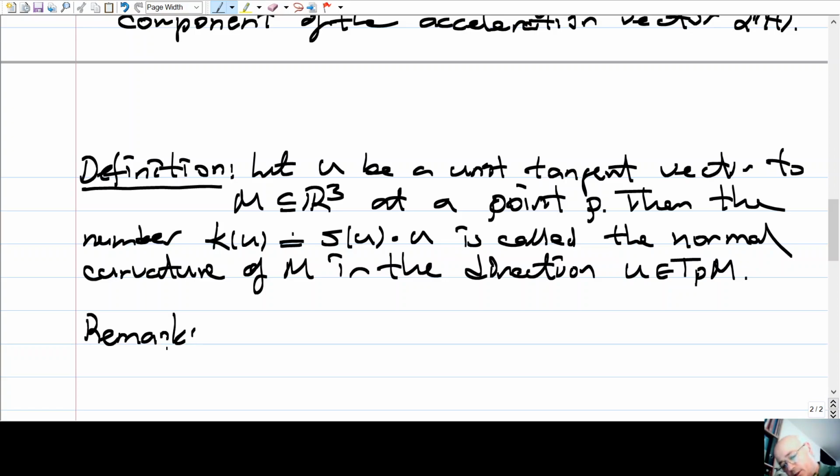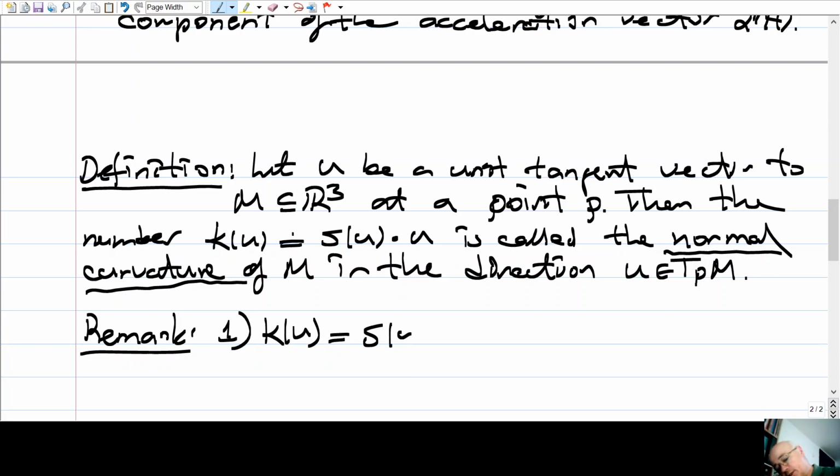Let me just continue. Remark, we have some observations. First of all, the normal curvature. So we define this quantity, normal curvature, which is just the shape operator at u dot product u.